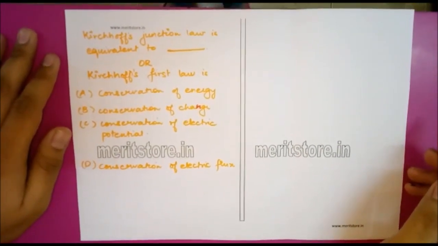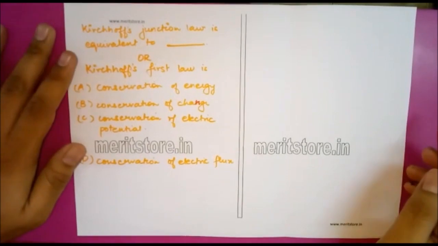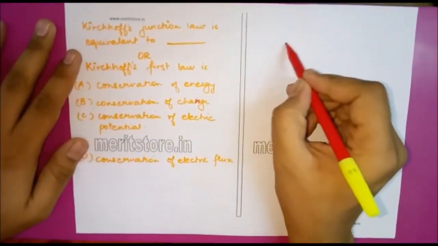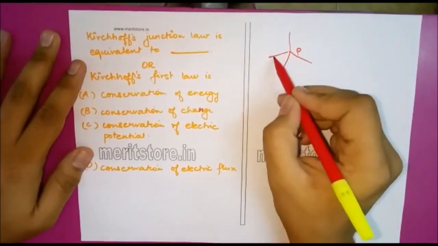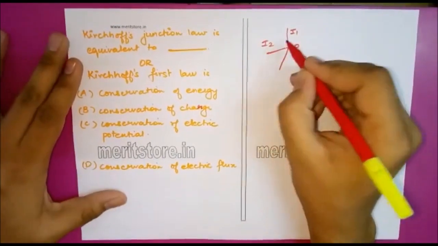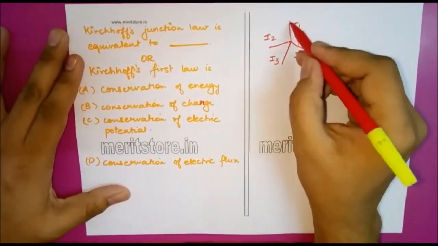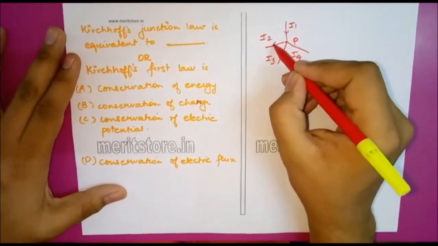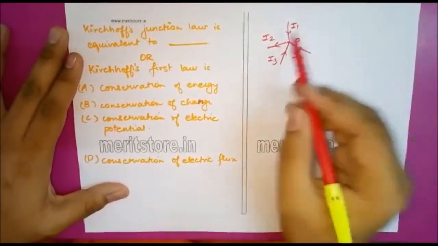Question: Kirchhoff's junction law, or Kirchhoff's first law, is equivalent to which? As we know, Kirchhoff's law states that if P is a junction and these are currents approaching the junction, I1, I2, I3, I4. So if I1 is towards the junction, I2 is away from the junction, I3 is again towards the junction, and I4 is away from the junction.